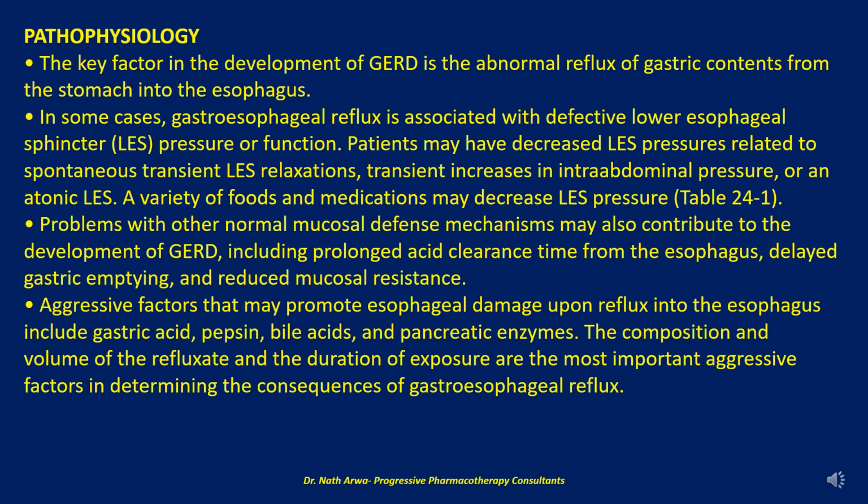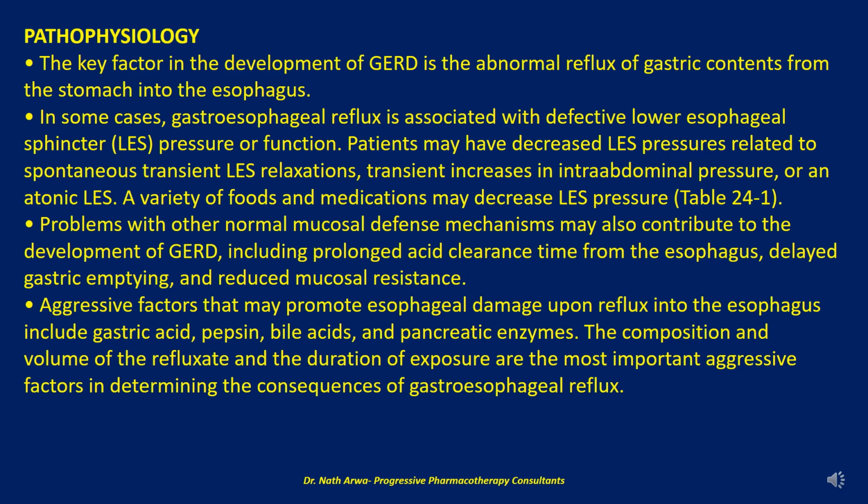A variety of foods and medications may decrease lower esophageal sphincter pressure, as shown in Table 24.1. 3. Problems with other normal mucosal defense mechanisms may also contribute to the development of gastroesophageal reflux disease, including prolonged acid clearance time from the esophagus, delayed gastric emptying, and reduced mucosal resistance. 4.